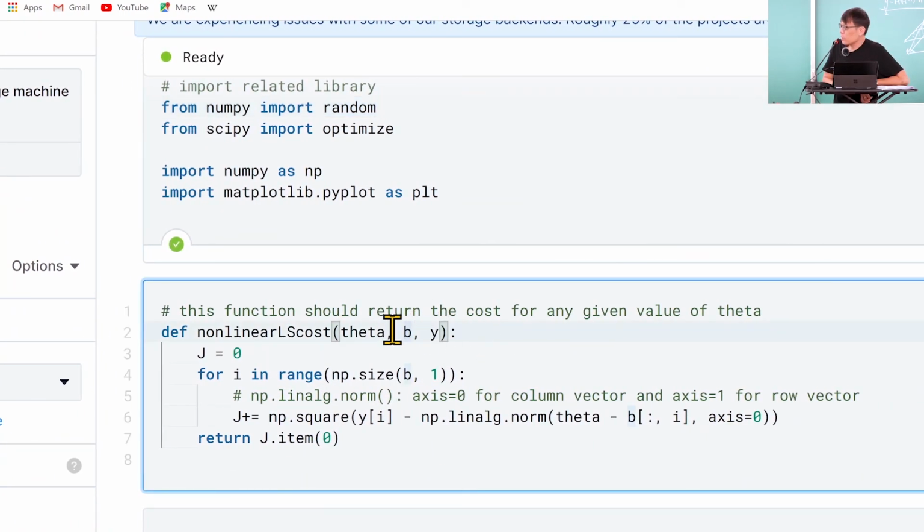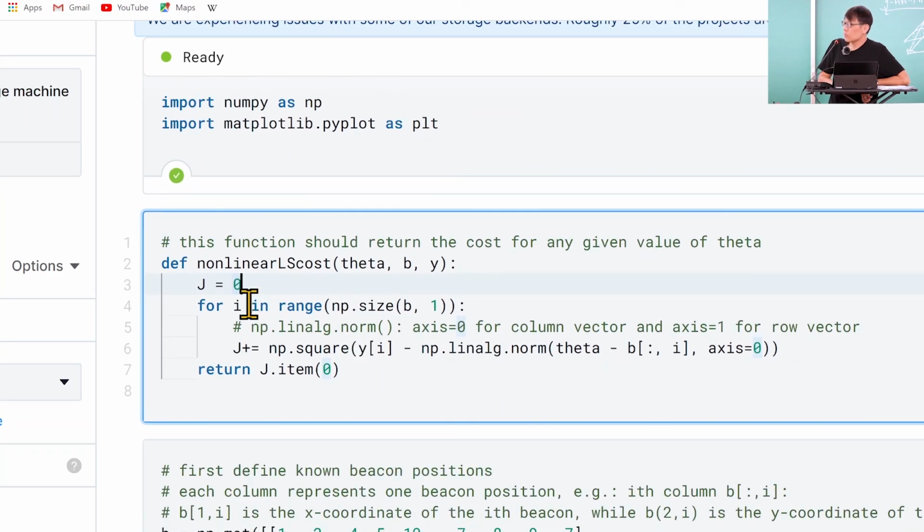This part, okay? So it's the defined nonlinear cost function. Theta is my unknowns, all right? I want to optimize it. B and y are additional parameters I need to send to this cost function to evaluate its cost. Initially, J is 0. Then for i in the range of the number of beacons, okay?